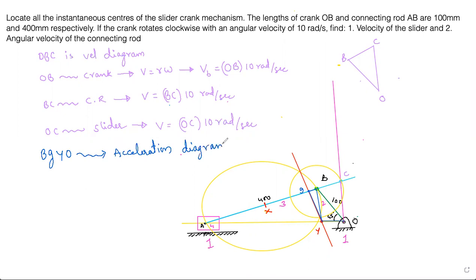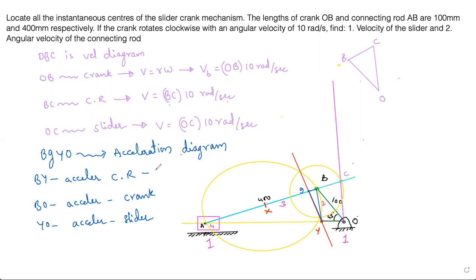Now to find out the acceleration, you have to do just this simple thing. BY is the acceleration of the connecting rod, and BO is the acceleration of the crank, and YO is the acceleration of the slider. Now to know the actual accelerations, we use the formula r times omega square.